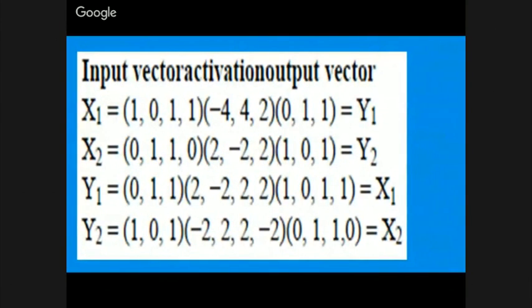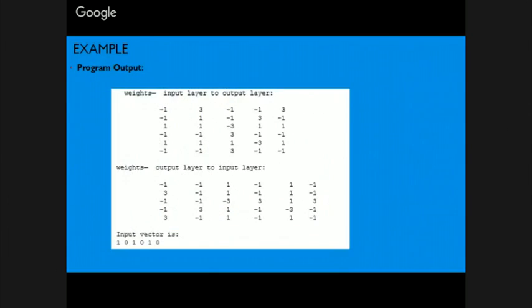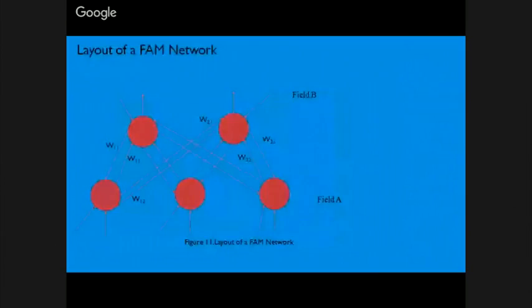When we apply y1 at field B, we will get x1 at field A. When we apply y2 at field B, we will get x2 at field A. So we can change the input and output vector pairs, find the weight matrices, and test. We can apply the input vector and we will be able to recall the output vector. This method will work.